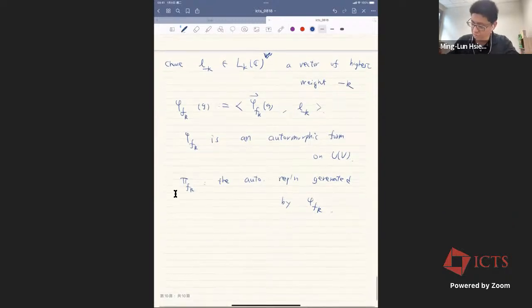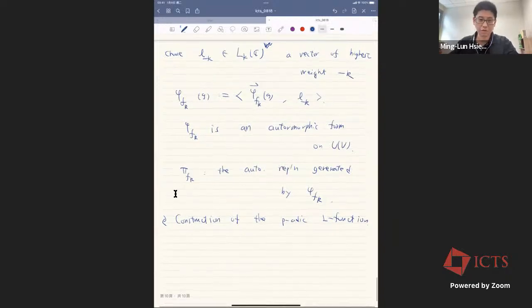Okay, and with this notation, now I can explain the construction of the p-adic function. The idea is to take Hida families on U(V) and another Hida family on U(V').